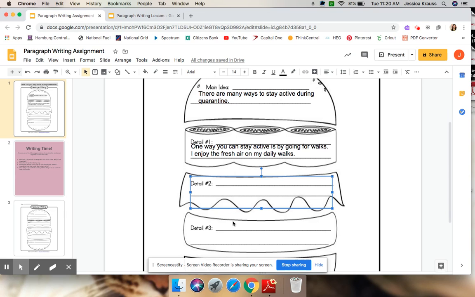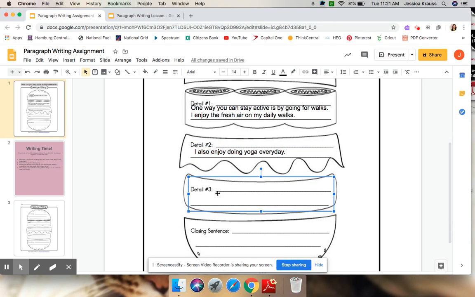All right. Next, I have to come up with another reason, another detail or way to stay active during quarantine. I also enjoy doing yoga every day. And you don't have to move these boxes, but if you want to, you can. And my last reason, I need at least one more.